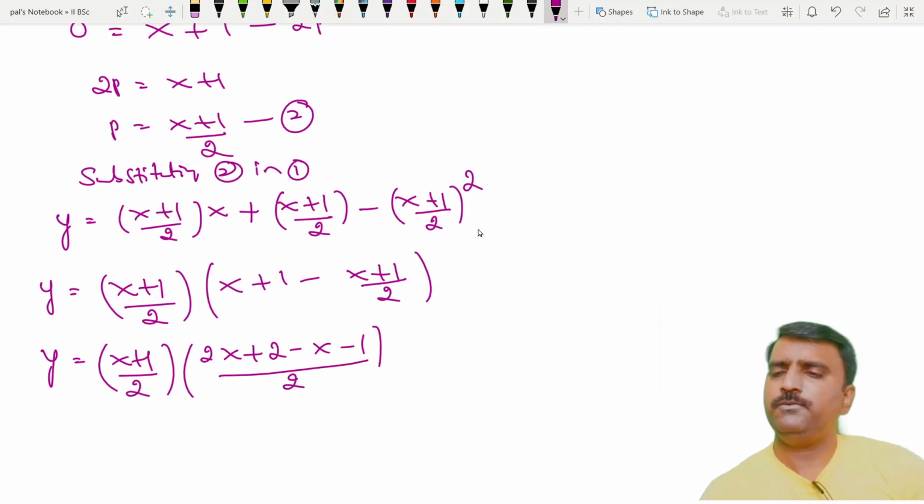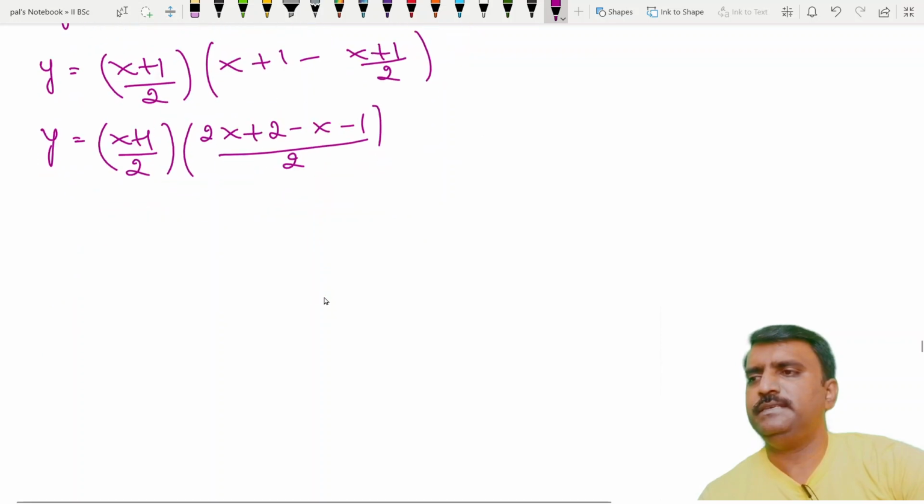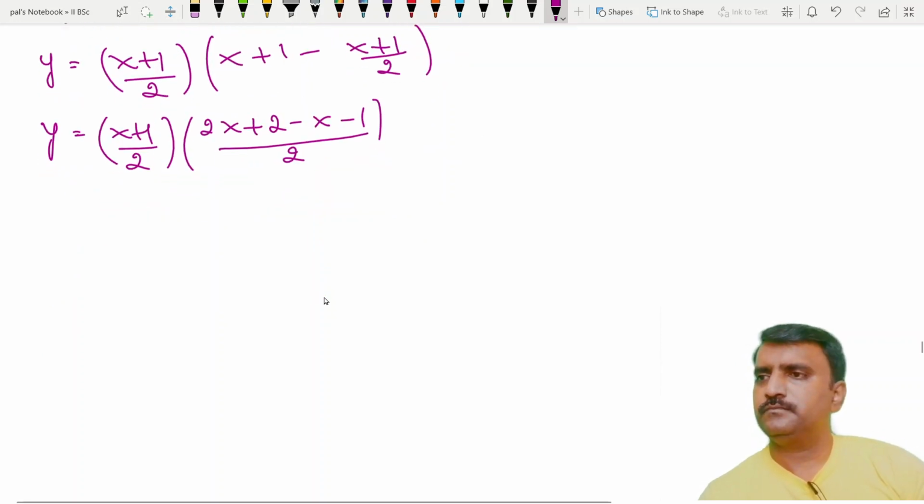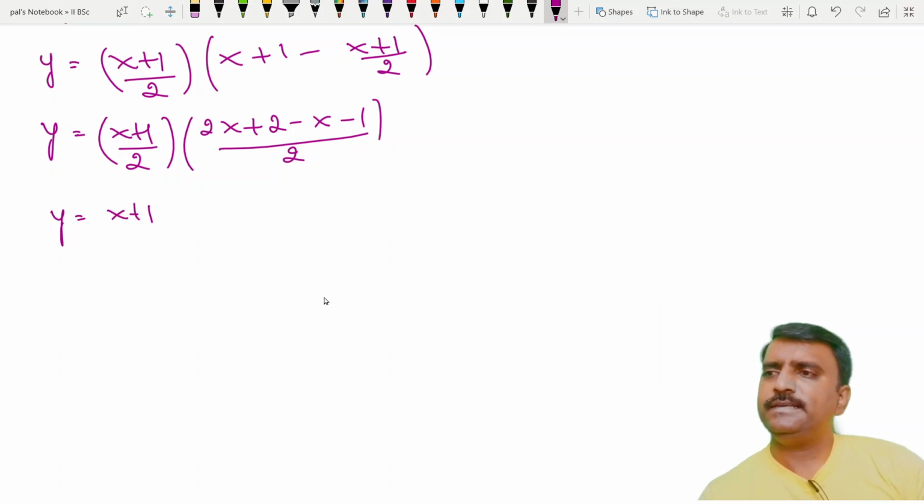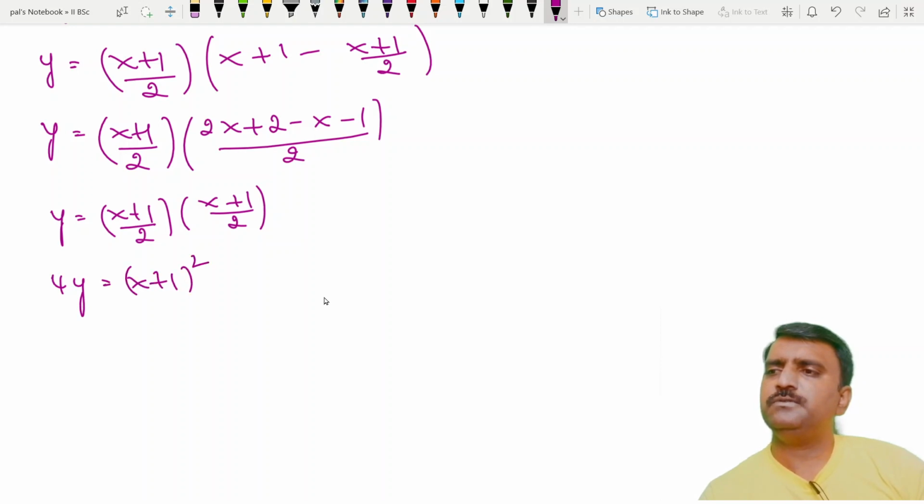That is y is equal to x plus 1 by 2 into 2x minus x is x, 2 minus 1 is 1, so x plus 1 by 2. 2 2s are 4, so 4y is equal to x plus 1 whole square. This is the required singular solution.